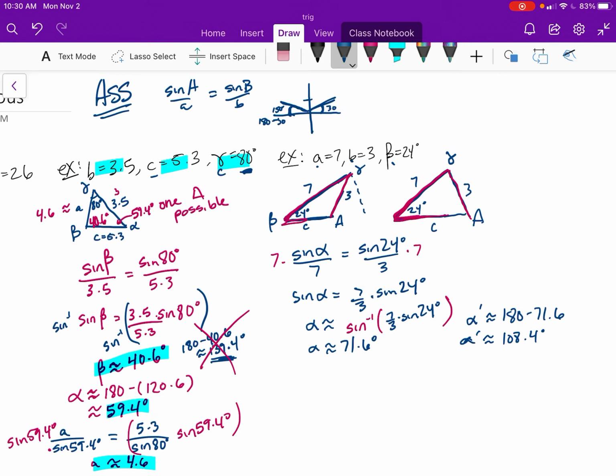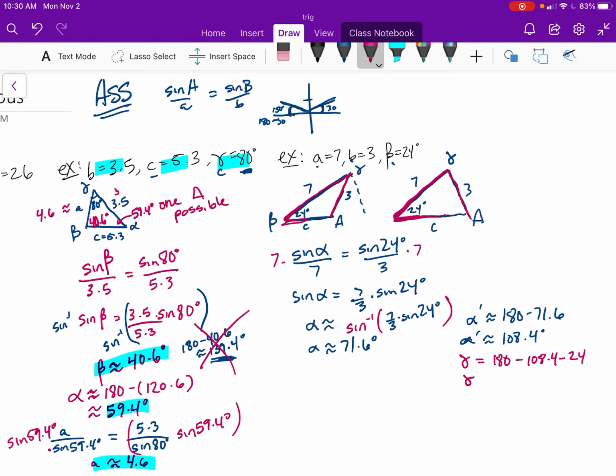Well, if beta is 24, then we could definitely still find gamma. Gamma would just be 180 minus 108.4, and then minus the 24, minus alpha and beta.